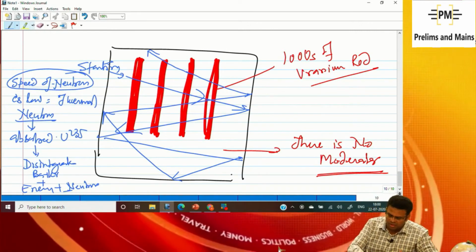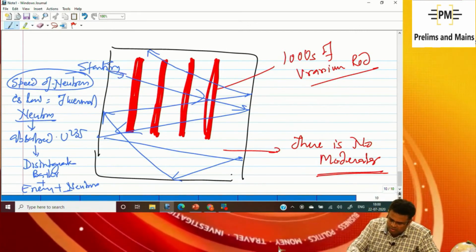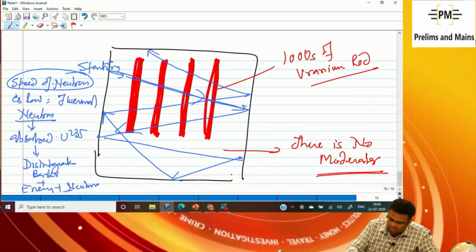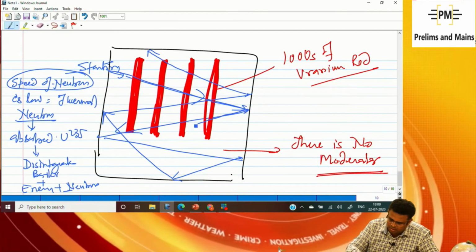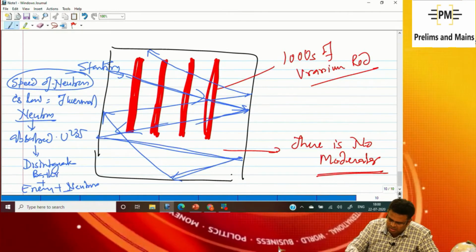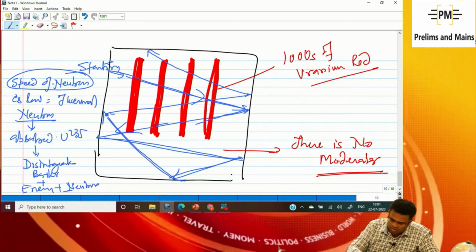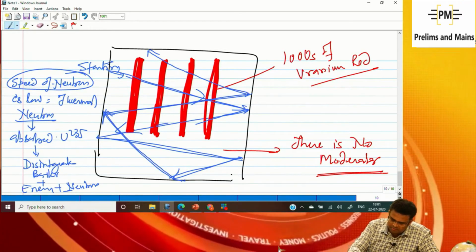I have made a figure like this: the neutron is moving like this, after striking and colliding here, and then coming back, then coming here, then going there. I have given some clue.